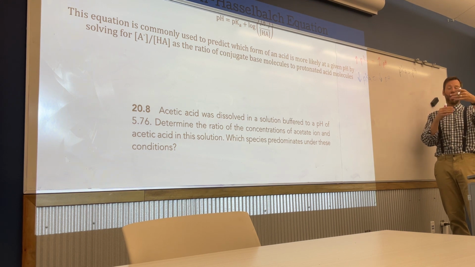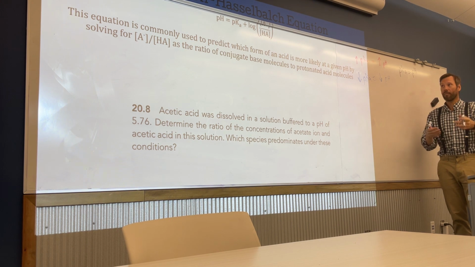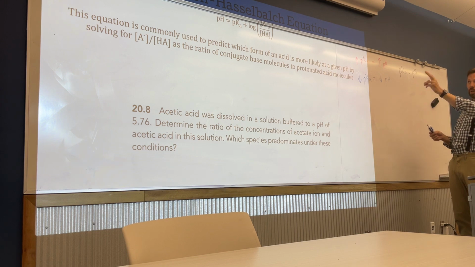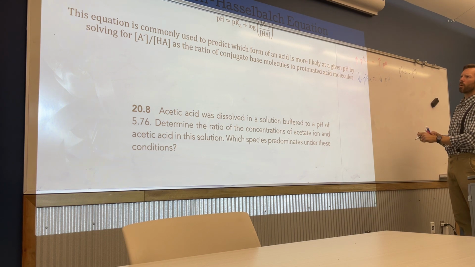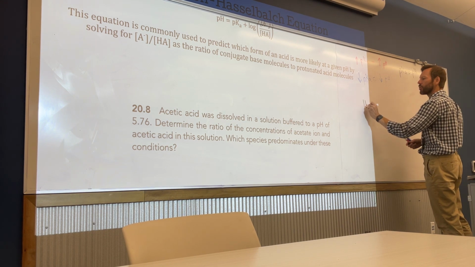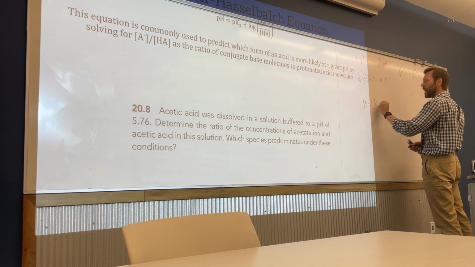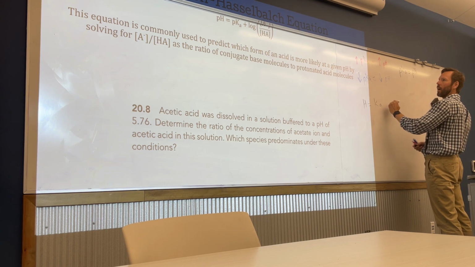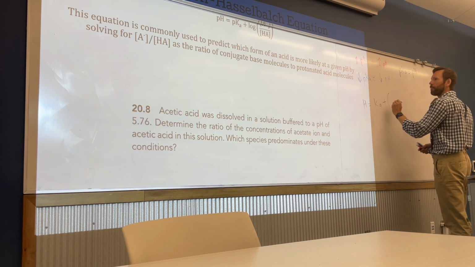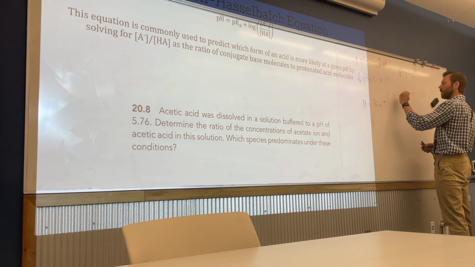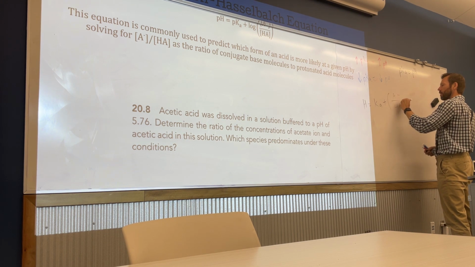If we take away the log from everything and rearrange the K, then we have H, Ka, and A minus over HA.